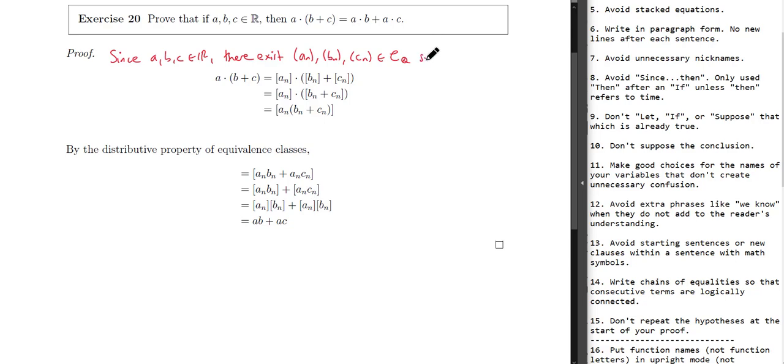Such that A equals [(a_n)], B is equal to [(b_n)], and C is equal to [(c_n)].